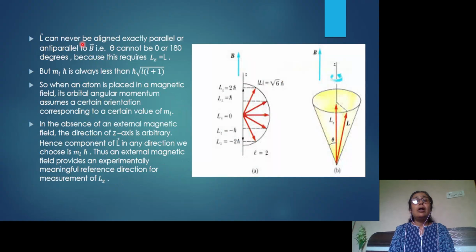Now, can L be exactly aligned parallel or anti-parallel to B?